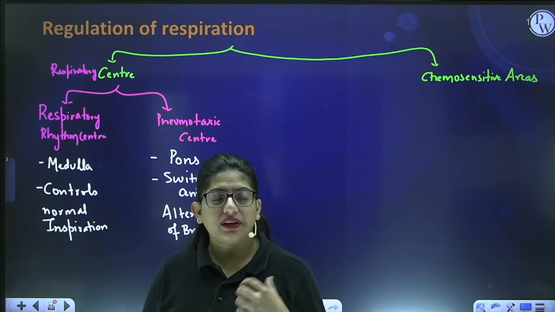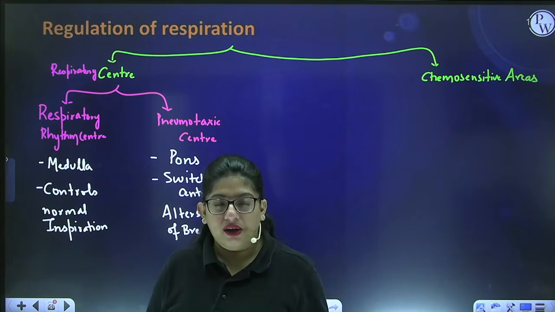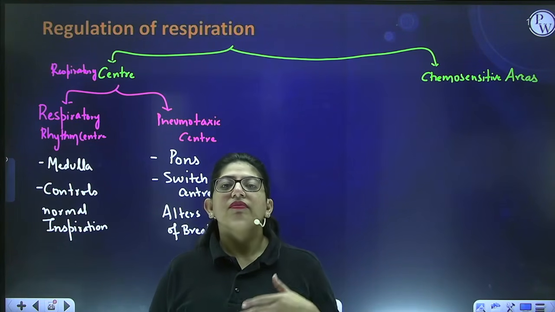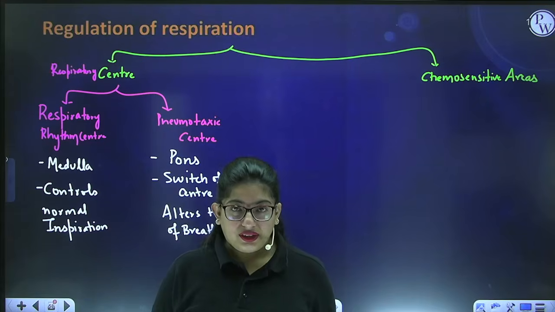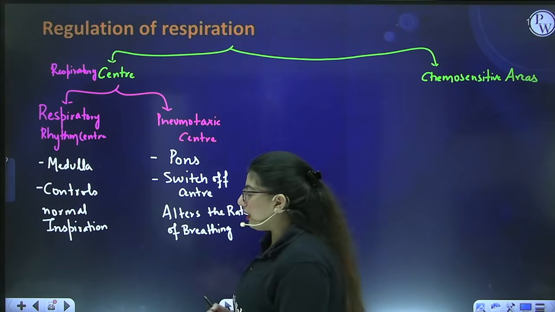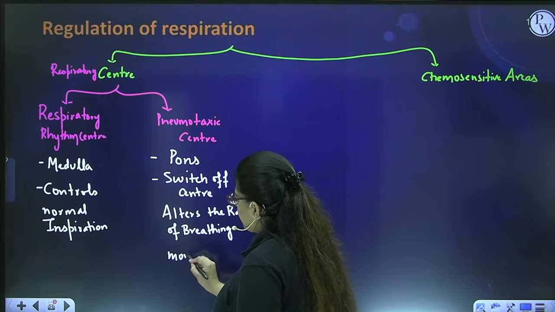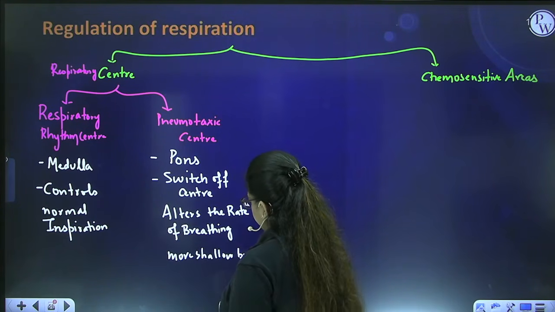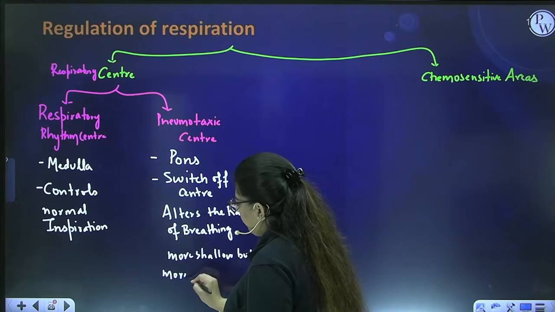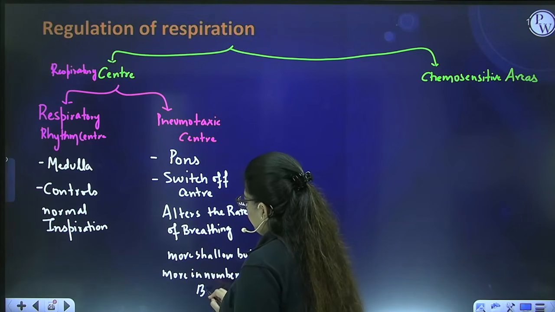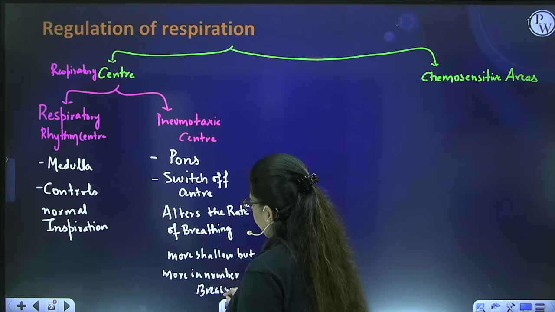That's why our breathing is like that. But while we are normally inhaling deep breath, we are inhaling for more duration. So altering the rate means more shallow breaths, more in number. So this is how it alters the rate.